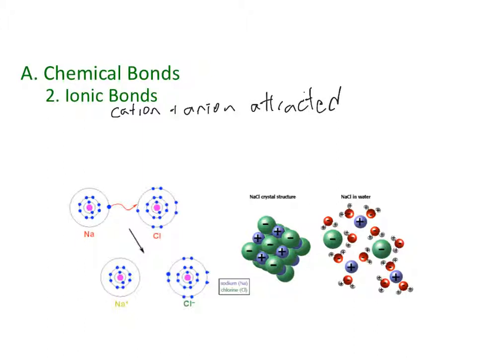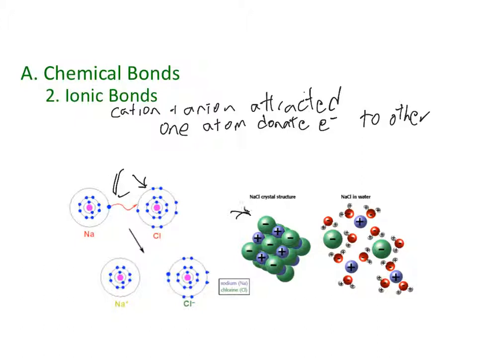What happens is one atom donates an electron to the other, which you can see down here. Sodium is donating the electron to chloride, and so that gives us a stable molecule, which then forms sodium chloride crystals, which is what we think of as salt.